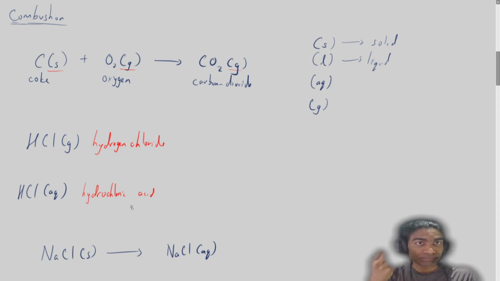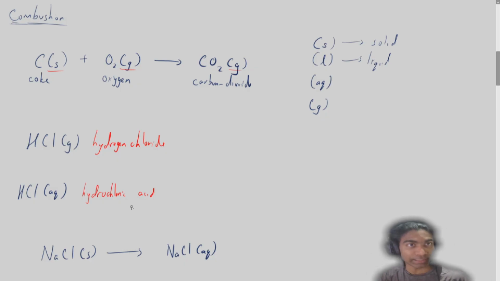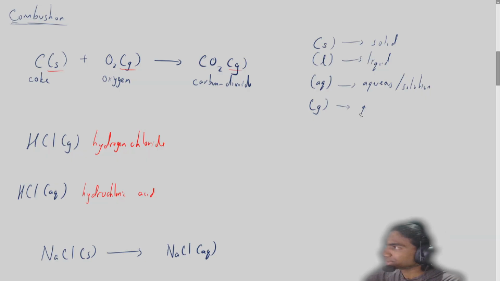And in chemistry, saying that something is dissolved is just fancy talk for the fact that that substance is now breaking apart and bonding more strongly with the water, or whatever it's dissolving in. But again, aqueous really means that it is now in solution, and G is the gas.